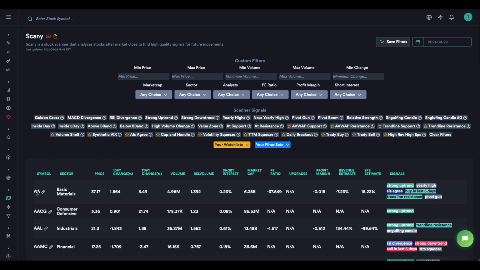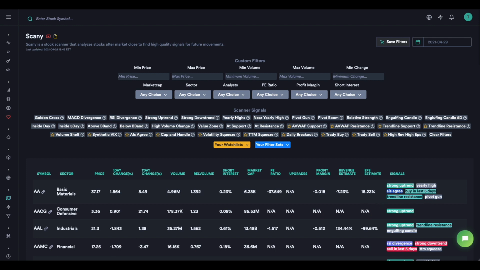So for, let's say, AA, today we are in a strong uptrend on the daily chart, and please remember that the entire scanner works on top of the daily chart, since this is a swing scanner. Today we had a strong uptrend, we had a yearly high, we have all our AI tools agreeing with each other. We had a buy signal in the last 5 days, but we have a trendline resistance and we have a pivot gun signal right now.